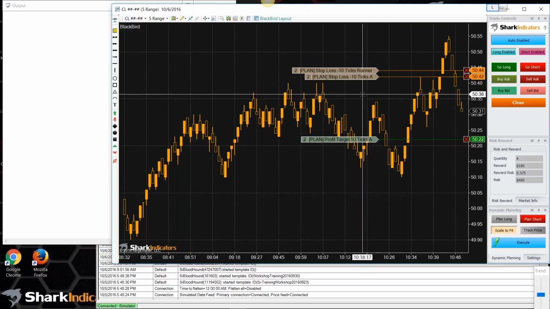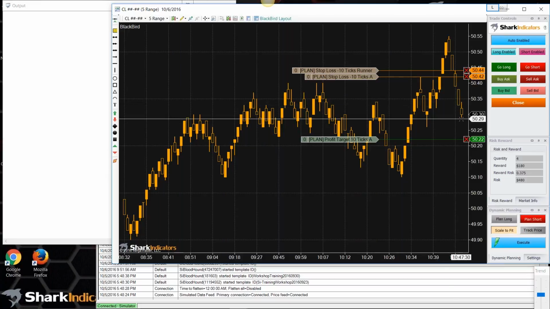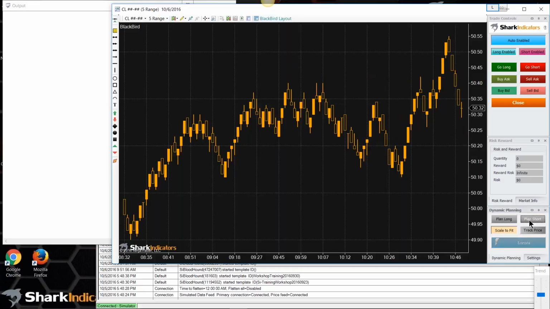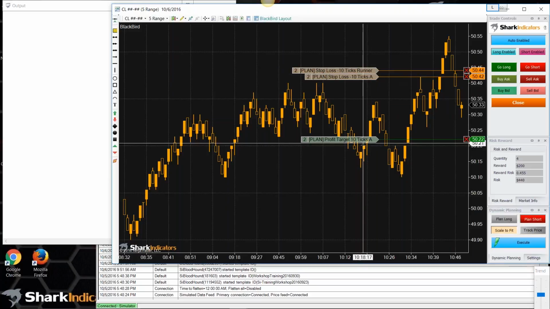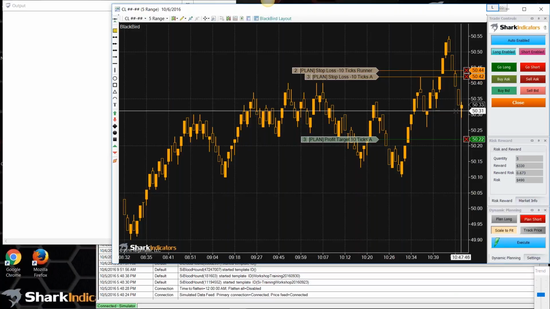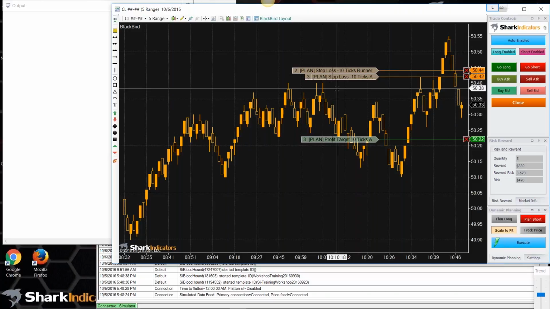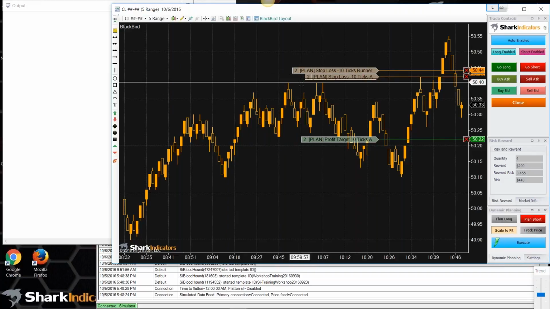So, all right, as price moves around too much, sometimes it's better just to shut your dynamic planner off and turn it back on, just to get your profit target and stop loss within the same area, wherever the market has moved to. And now we can see the number of contracts adjusting for us automatically, and we can take a look at our risk as well.